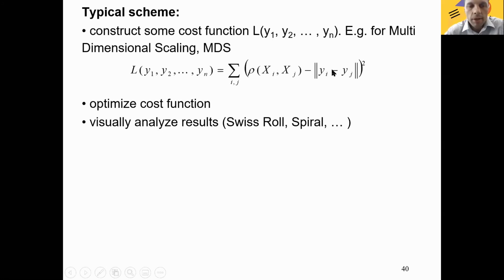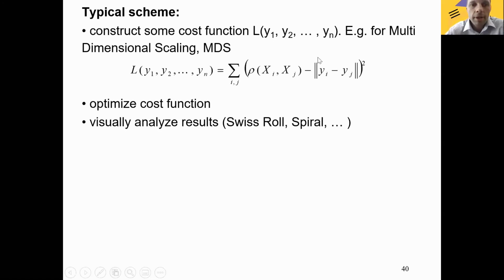And then we would like to represent each image by a two-dimensional vector y, such that if the distance between the initial vectors is small, which means that these two images are semantically similar, then the distance between these lower dimensional representations is also small.